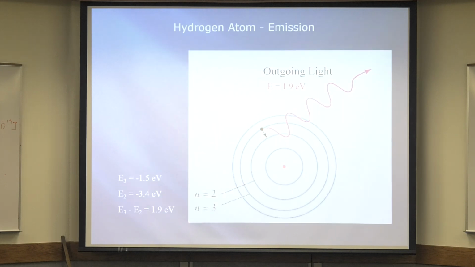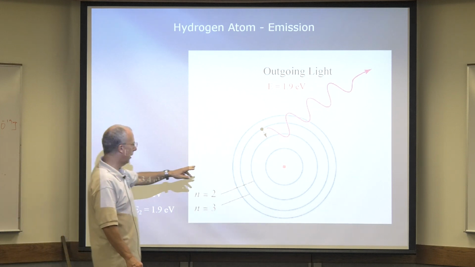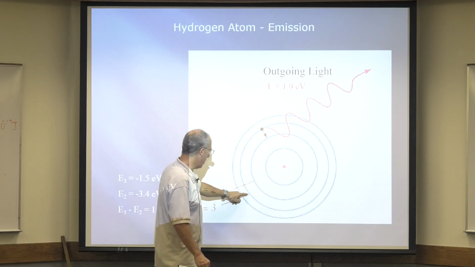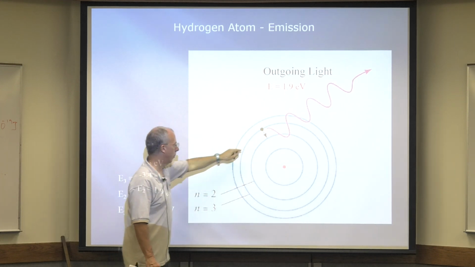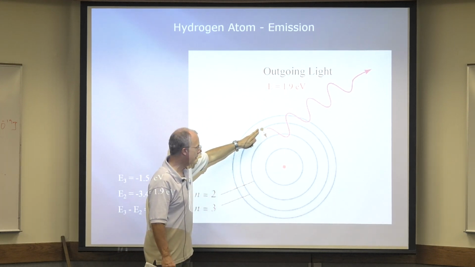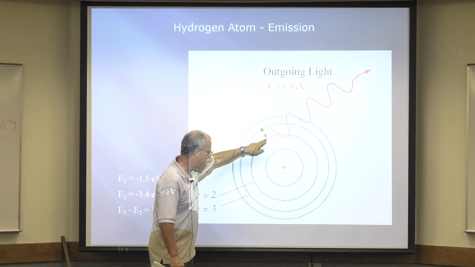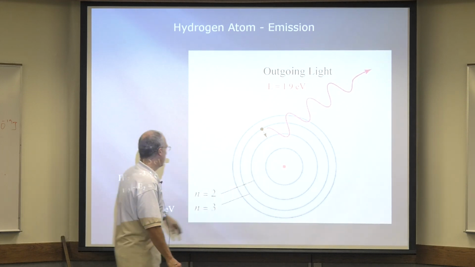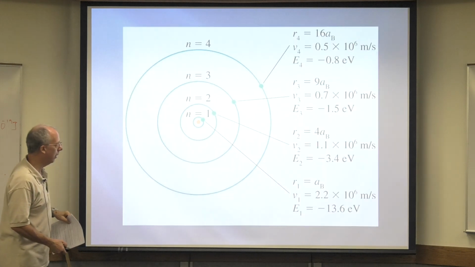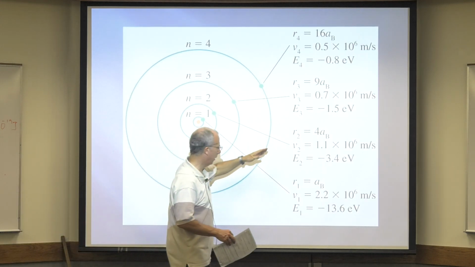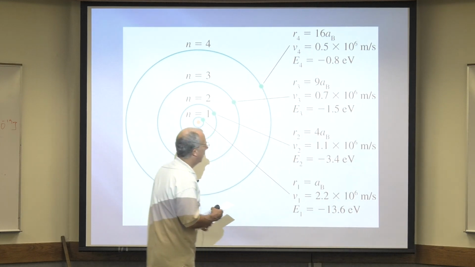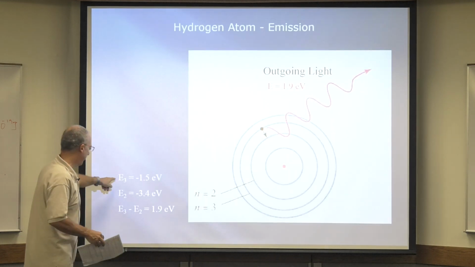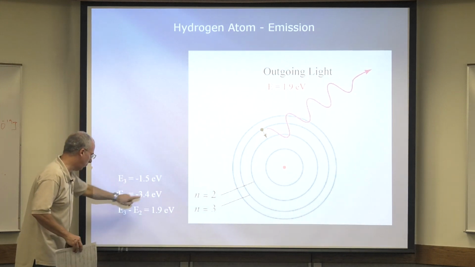So let's say here we are in an n equals 3 state, and the electron wants to get rid of some energy to go to a lower energy level, to the 2 state. And so you look at the energy diagram: minus 1.5 for the 3, minus 3.4 for the 2.